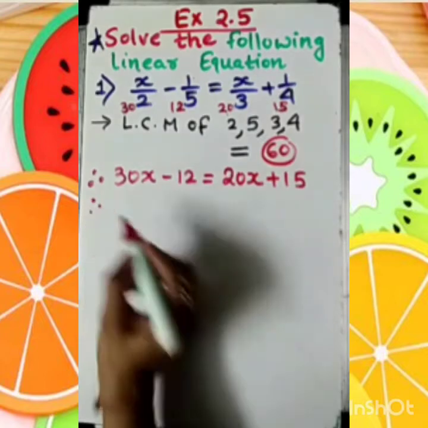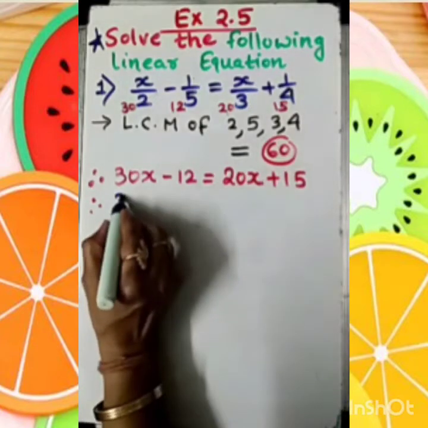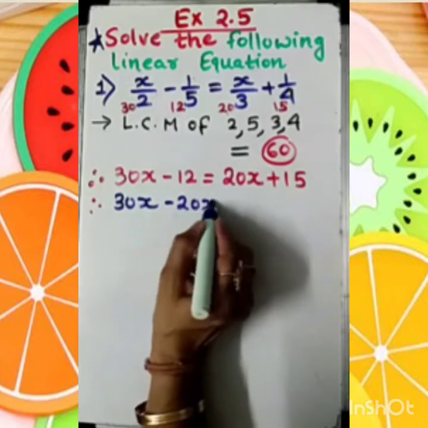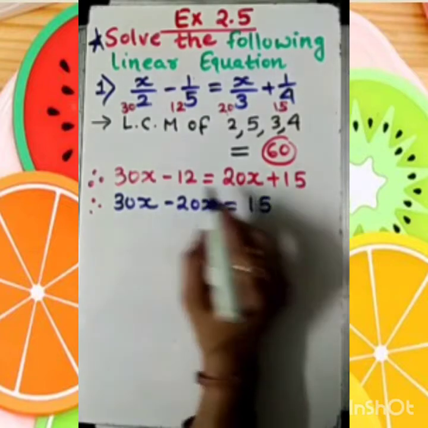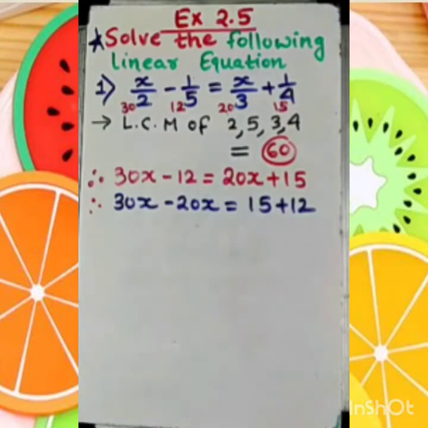So my dear student, I am bringing all the similar terms together. 30x is here already. I am bringing this 20x to this side, it becomes minus 20x. This is 15 minus 12. I am moving it to this side, so it becomes plus 12.